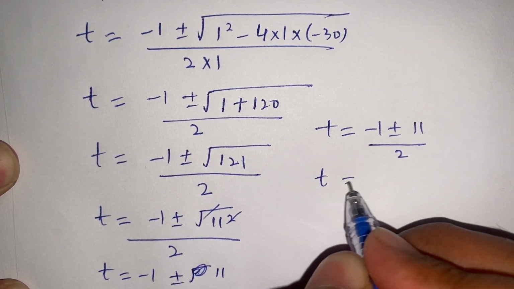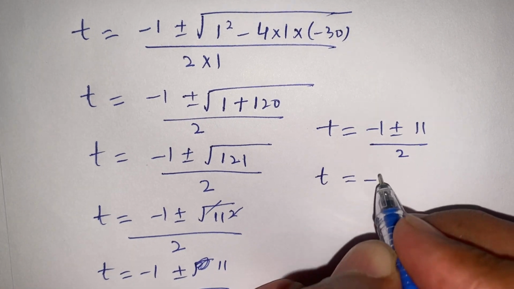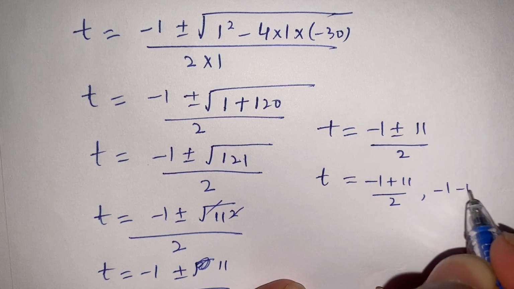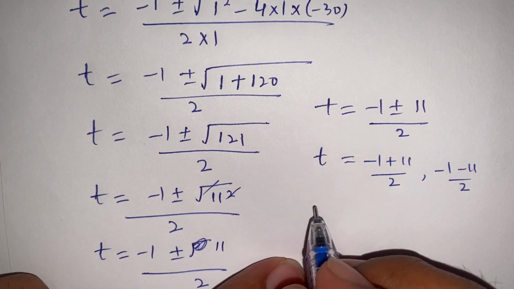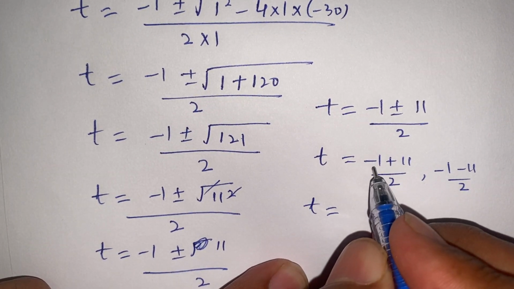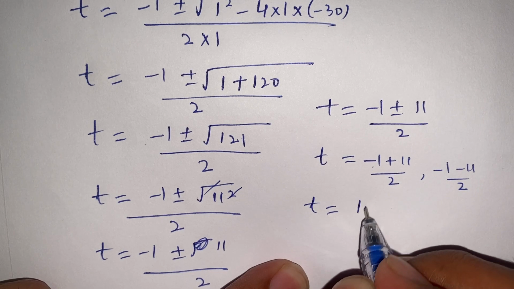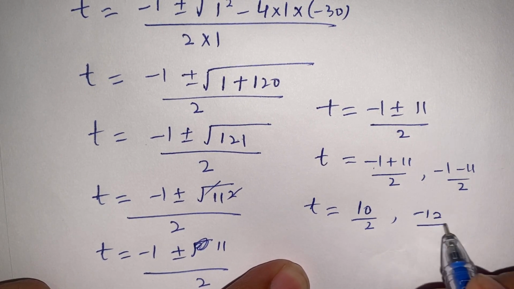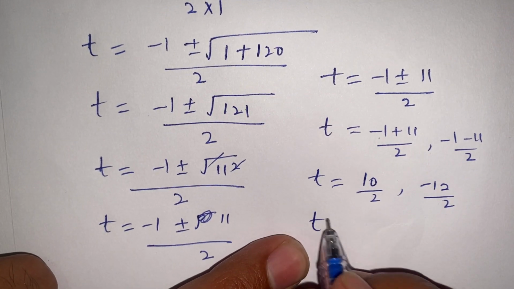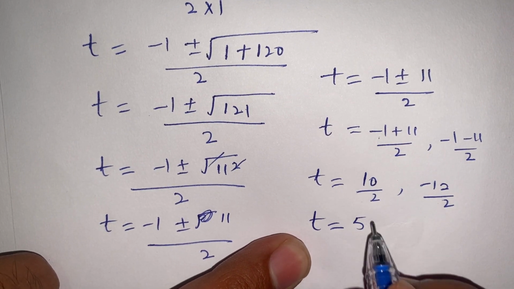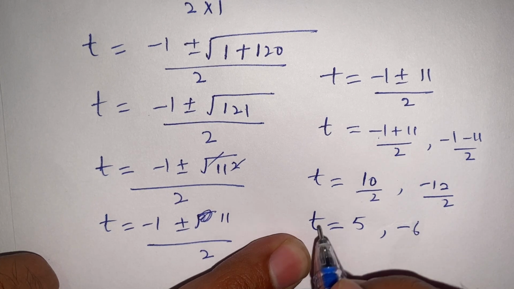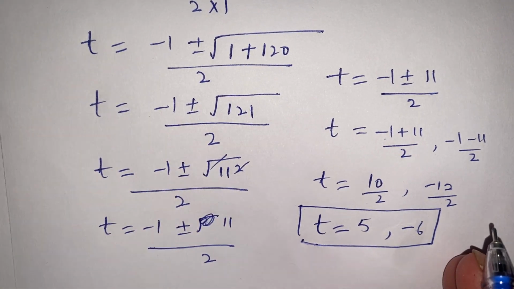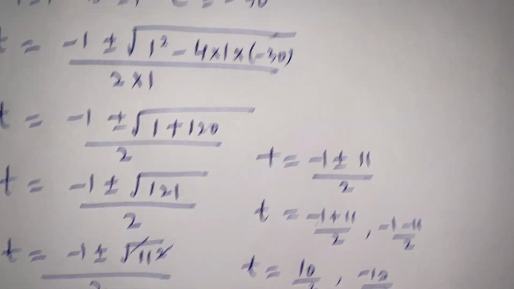And t is equal to minus 1 plus 11 divided by 2, minus 1 minus 11 divided by 2. Thus t is equal to minus 1 plus 11 becomes 10 divided by 2, and minus 12 divided by 2, and t is equal to 5 and minus 6. Here are two values of t. This is our first method.